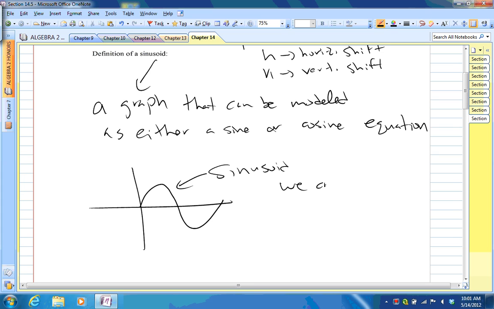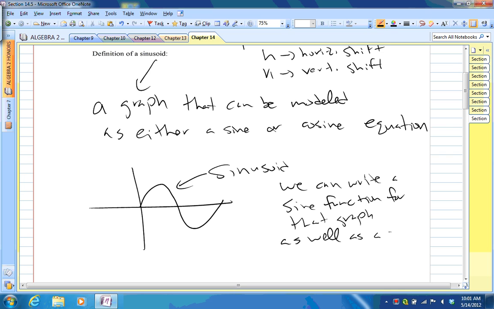And we can write a sine function for that graph, as well as a cosine function.